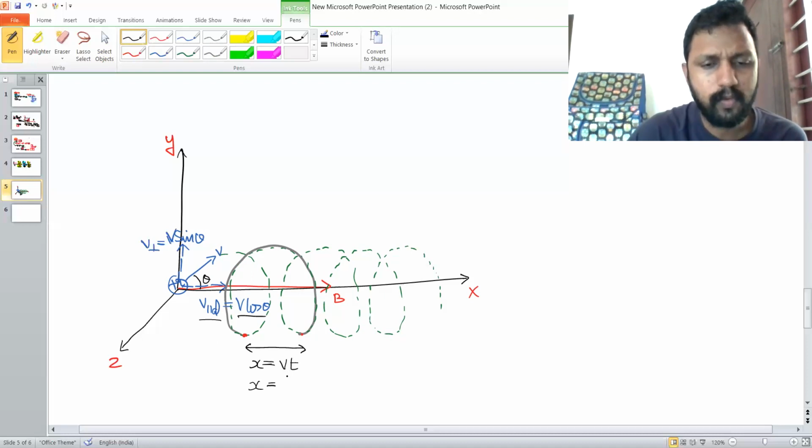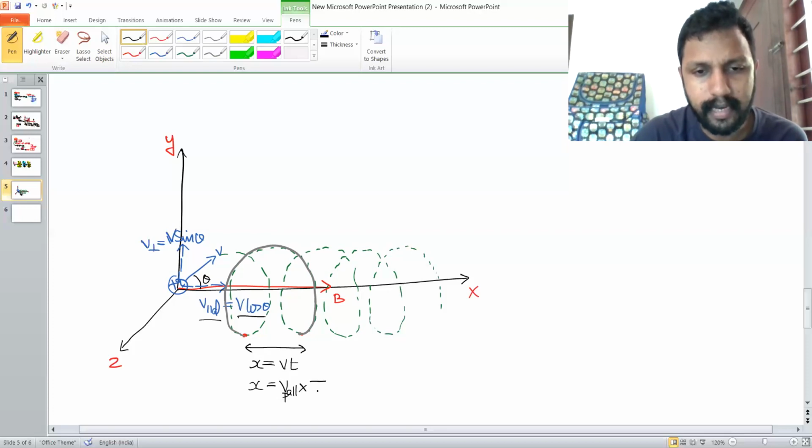Therefore, the velocity that we have to take will be v parallel into time will be time period. V parallel into t. കാരണം v parallel ആണ് അതിനെ മുന്നോട്ടേക്ക് നീക്കുന്നത്. The time taken for one complete revolution is time period. Therefore, pitch is equal to v parallel into t, and v parallel can be denoted as v cos theta.